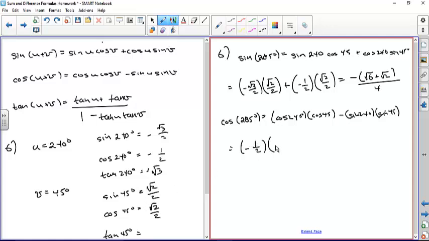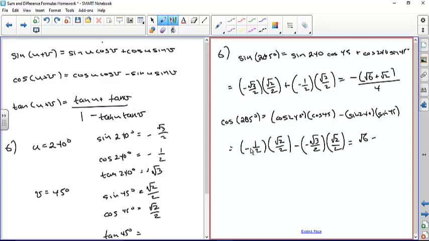Cosine of 45 is the square root of 2 over 2. Sine of 240 is negative the square root of 3 over 2. Sine of 45 is the square root of 2 over 2. So here we got negative times a negative, so we'll get positive square root of 6.